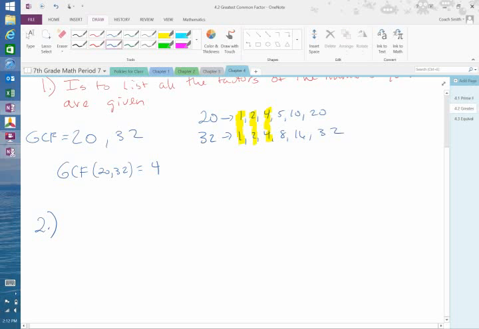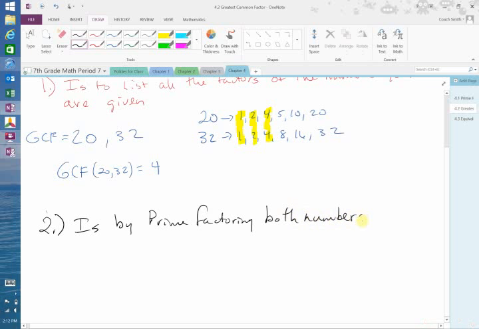The second way to do it is by prime factoring both numbers. Okay?